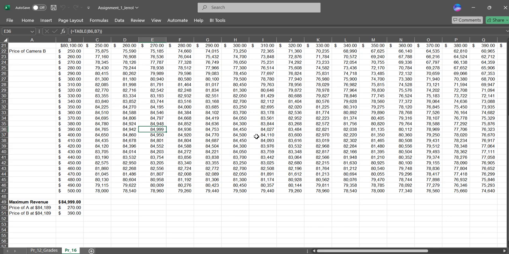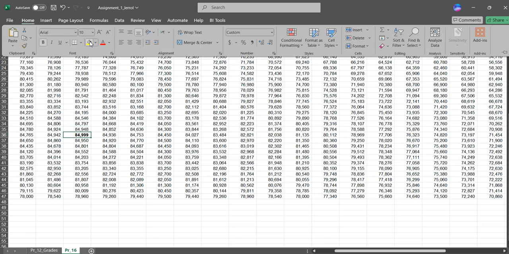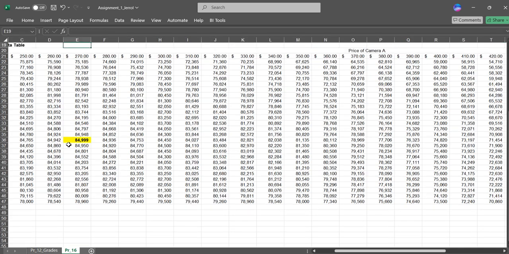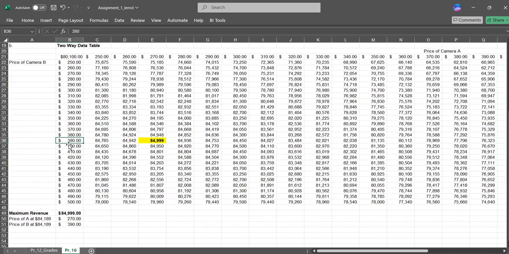Here, this is the maximum revenue that is generated. So we can say that if the price of camera A is 270 and the price of camera B is 390, then we will have the maximum revenue.